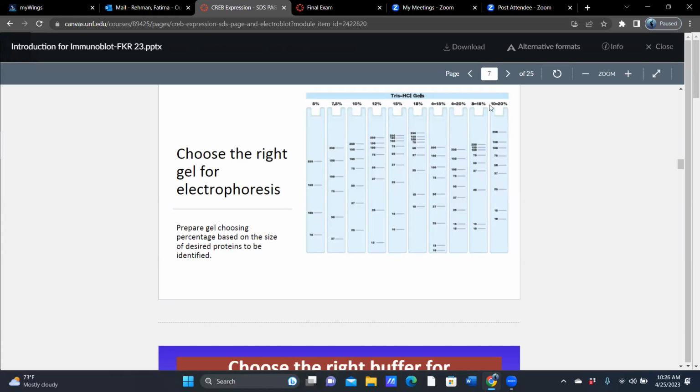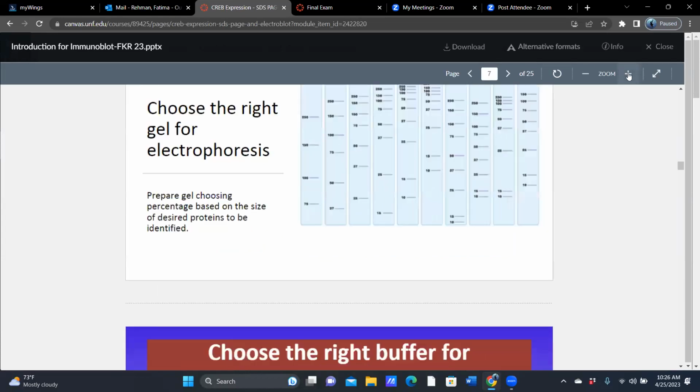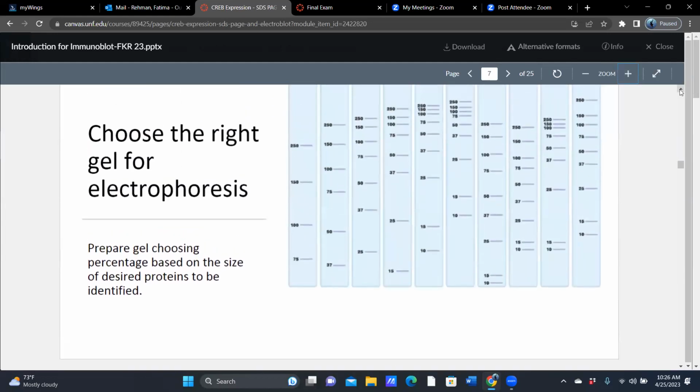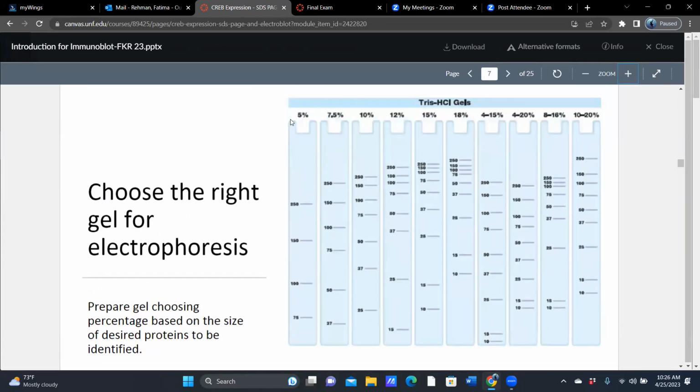So for example, if I have 3 proteins and all my proteins are high molecular weight, 100 and above, then I would want to load them on a low percentage gel. Because I don't really care about the lower molecular weight end, right? I don't care about those small proteins. I'm only interested in those large ones. So I want to separate them as much as possible, make them nice and clean and separated so I can look for my 3 individual proteins in that range easily.